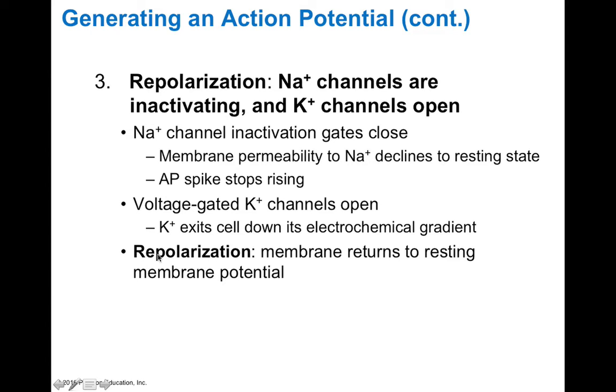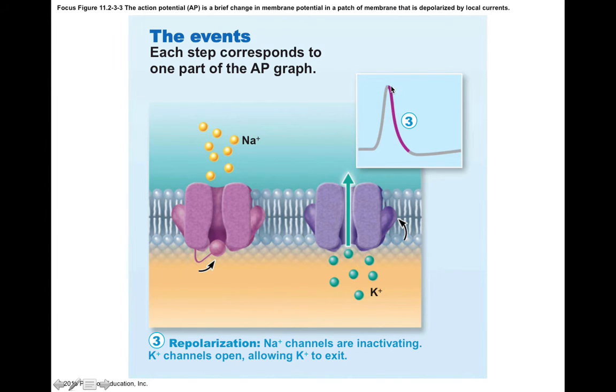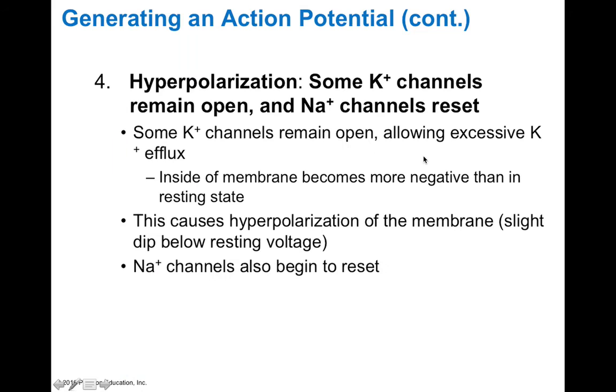So think of repolarization as basically when voltage starts to get more negative back towards resting membrane voltage. And so what we find is that the falling phase, or the repolarization phase of the action potential here, represents an efflux of potassium out of the cell. And because you're removing positive charge, it makes our voltage more negative back down towards a resting state.